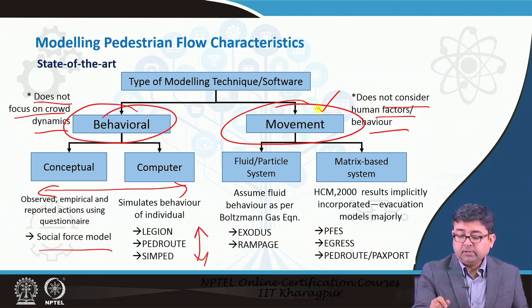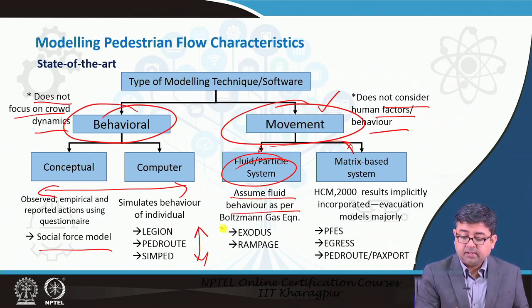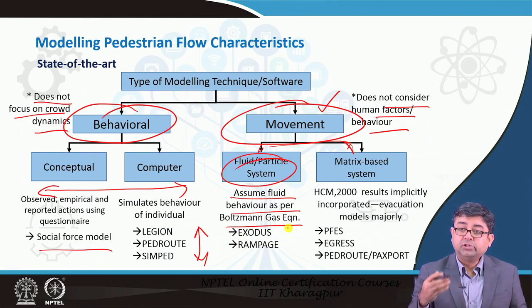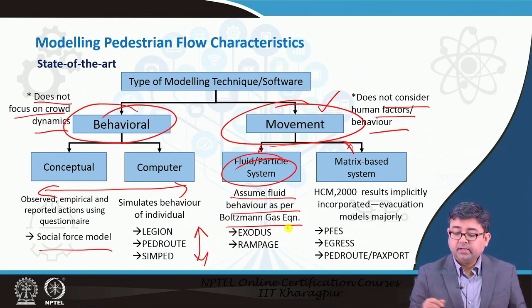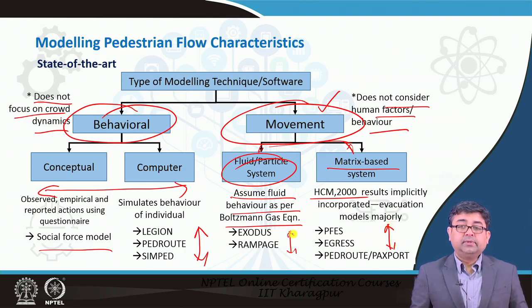Even in the movement type of models, there are two different types. One considers a fluid or particle system, so it assumes that fluid behavior as per the Boltzmann gas equation holds true in the case of pedestrian movement, whereas there are matrix based systems that are essentially used in the Highway Capacity Manual 2000. The different software listed here are based on each of those principles.